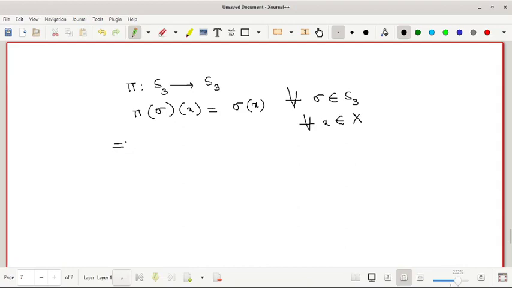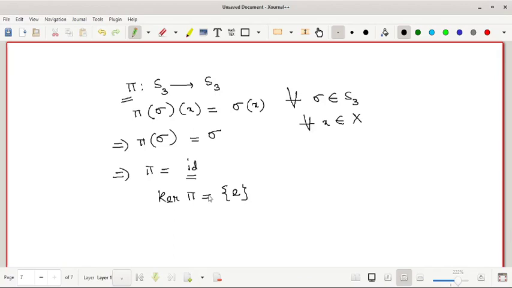This is the same as writing pi of sigma is sigma. So this homomorphism is actually the identity function. And so what happened to the kernel? Clearly in that case the kernel of pi is the identity permutation. So it is faithful.